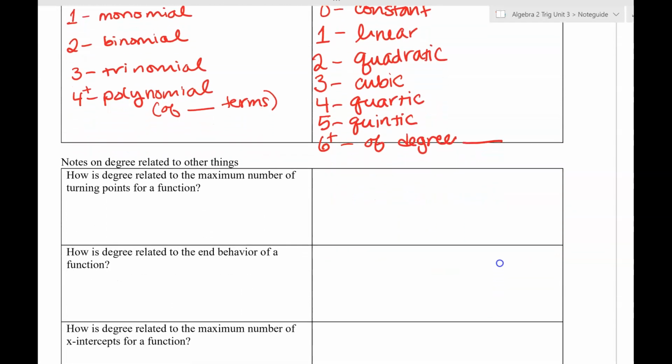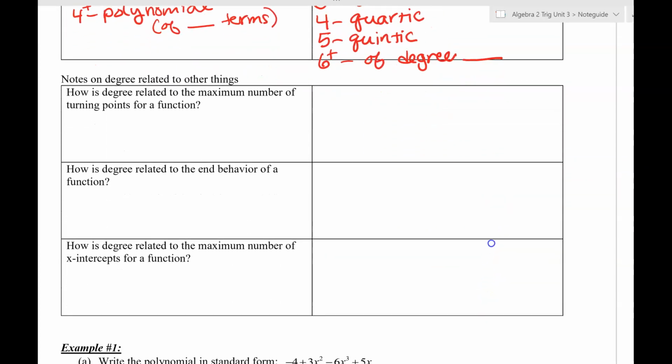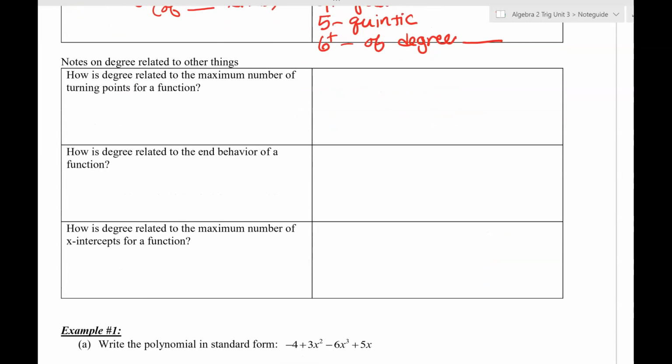So other things that you should have concluded from the investigation. How is the degree related to the maximum number of turning points? So just a couple of ideas for pattern here. A line was degree 1, but the turns was 0. A quadratic is degree 2, but the turns is 1.